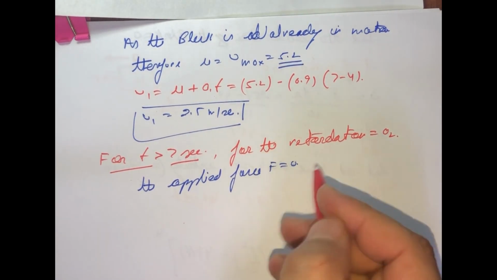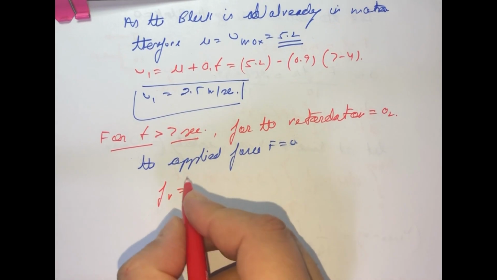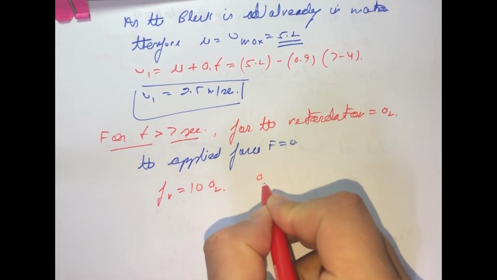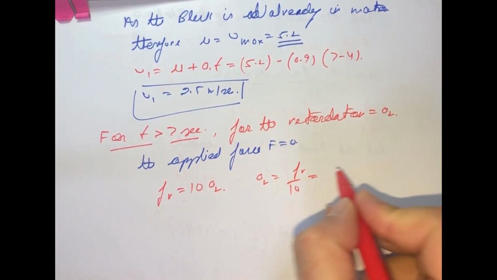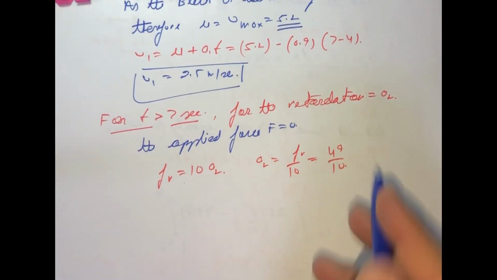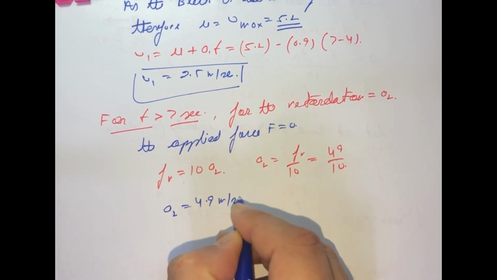Therefore, now the equation becomes Fr is equal to 10 multiplied by A2. So A2 is Fr upon 10. Fr we know is 49, divided by 10. So we can write that our A2 is equal to 4.9 meter per second square.